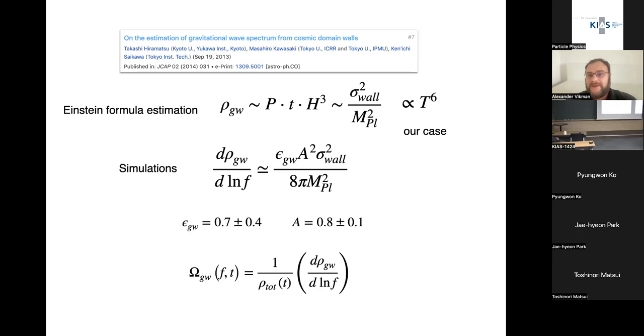We know that in the case studied by these colleagues, this quantity, because rho total decreases as t power 4, and d rho over d log f is basically constant because the sigma wall is constant. In our case, this is not true because in our case, this is t power 6. So basically, we need to take the peak at the beginning.